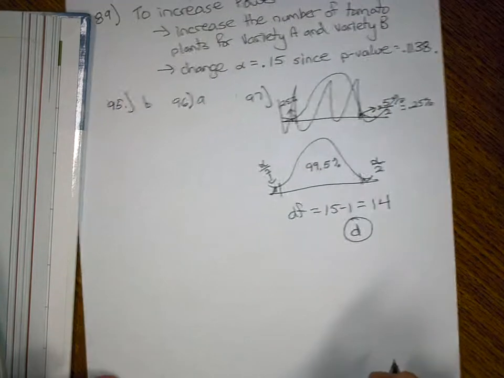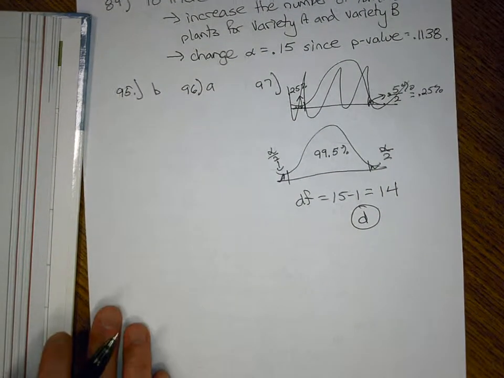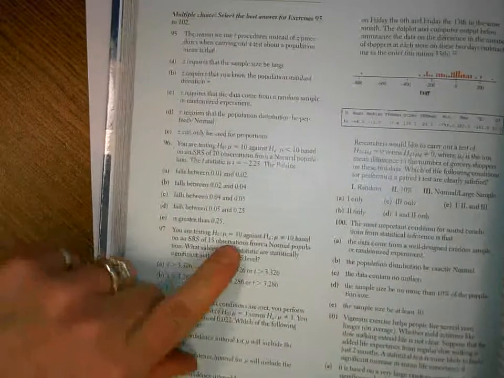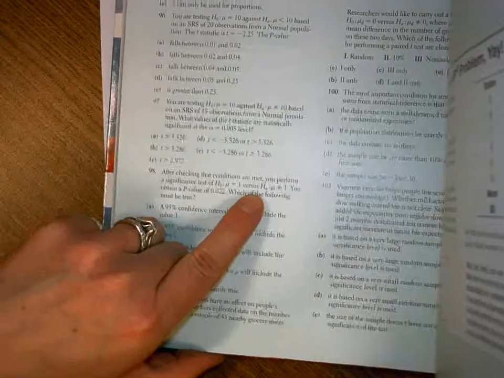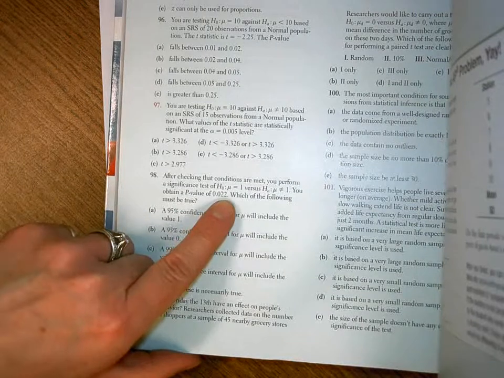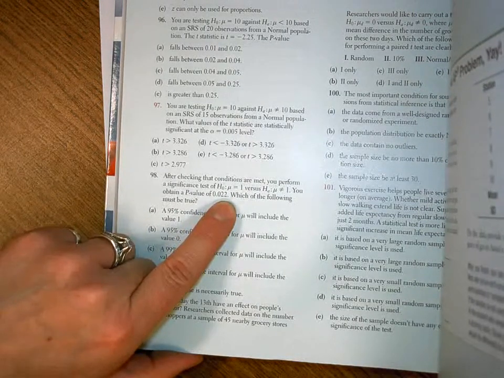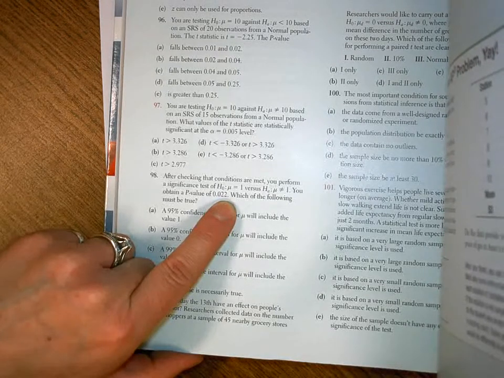And then 98: after checking that conditions are met, you perform a significance test that the mean is 1 versus the mean not equal to 1. You obtain a p-value of 0.022. Which of the following must be true? We're comparing that p-value to a certain alpha level.